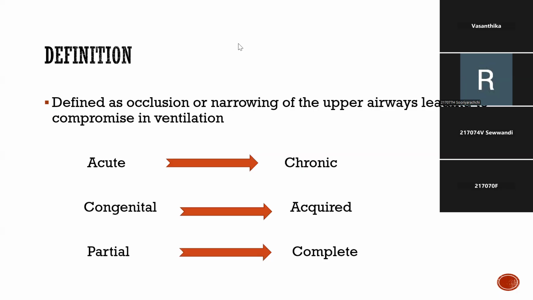It can be acute, chronic, congenital, or acquired. It can be partial or complete. If it is acute and complete, that means the patient's airway is completely shut down, so you need to think about surgical airways in that patient.